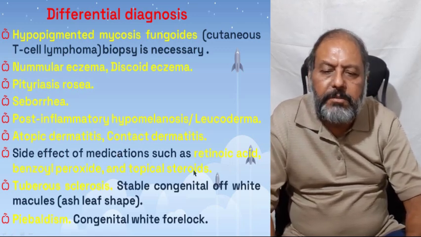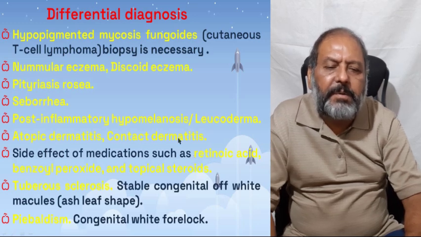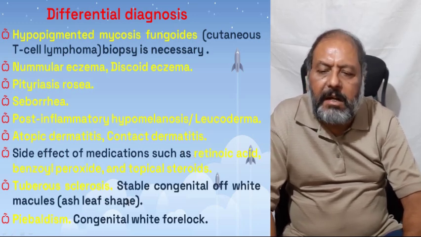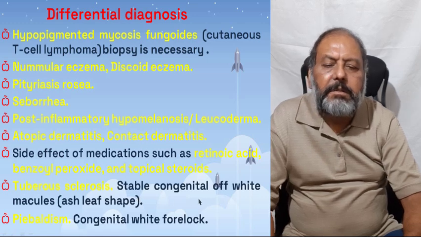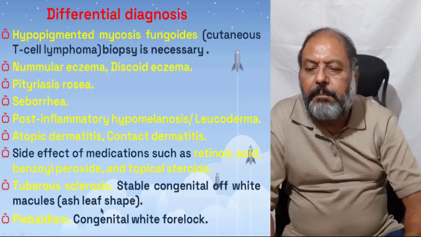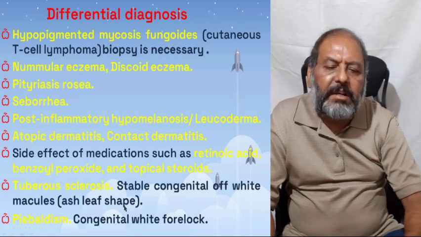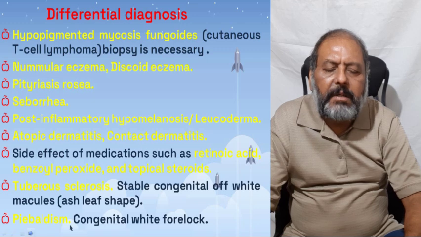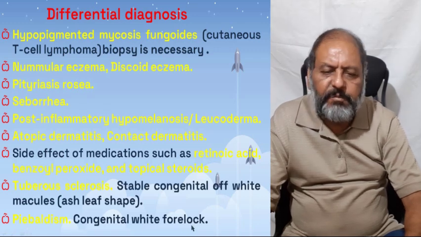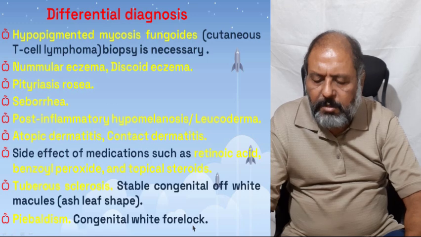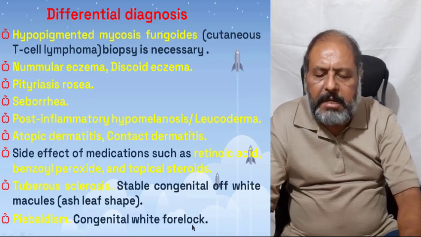Then tuberous sclerosis, with stable congenital off-white macules called ash leaf-shaped macules, and then piebaldism, with a congenital white forelock on the forehead and the hair. I have already given one lecture on piebaldism in detail. One can read and check that.